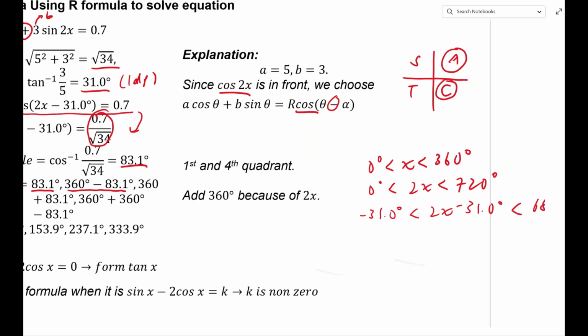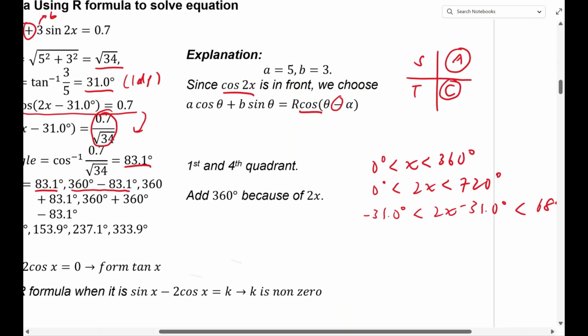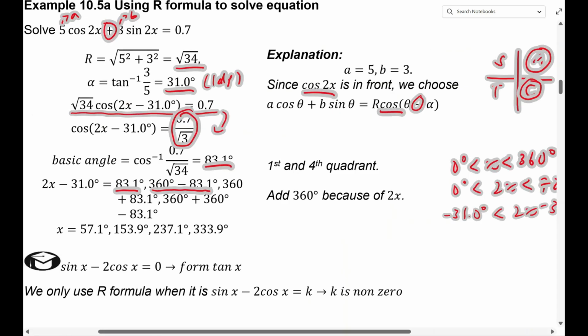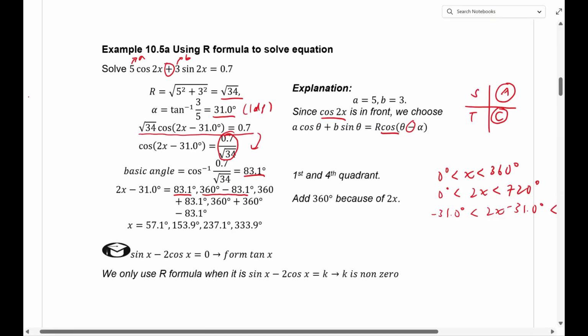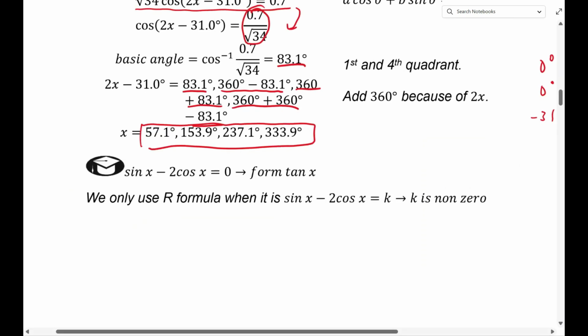And because our range extends all the way up to 689 degrees, we can add 360 to our angles. So 360 plus our angle in the first quadrant, and 360 plus our angle in the fourth quadrant. Therefore, you end up with 4 possible values of x.